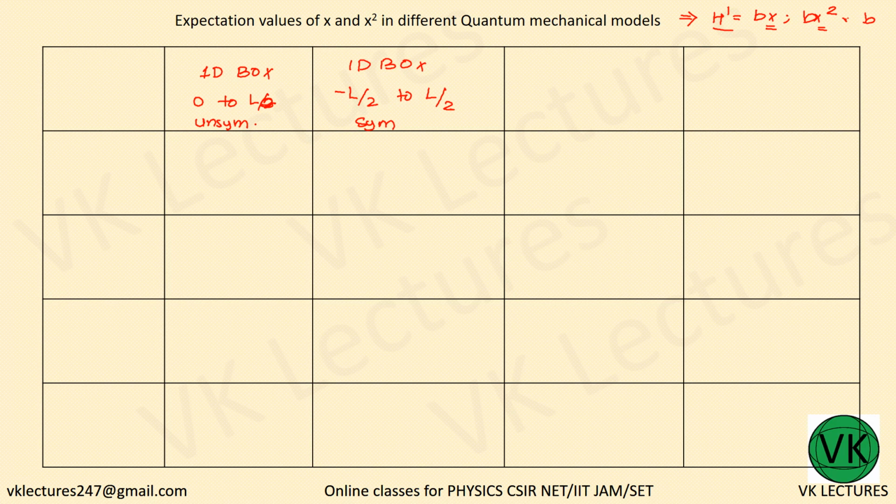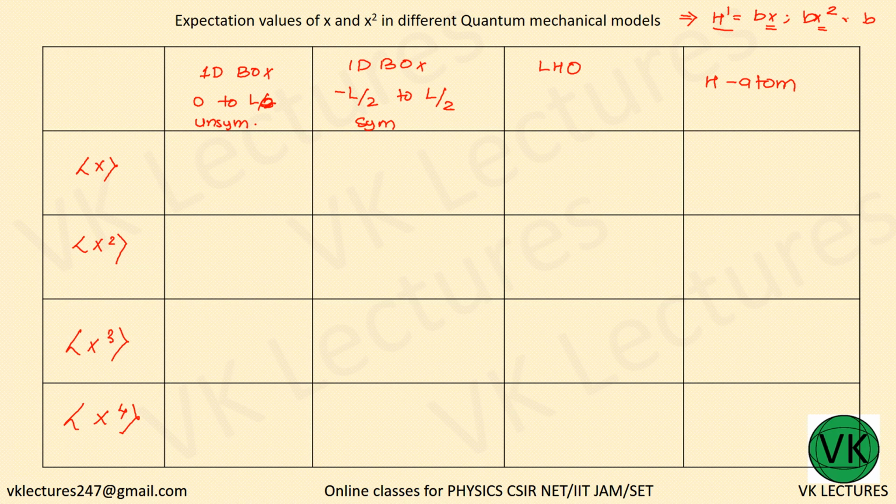Then we have the linear harmonic oscillator and the hydrogen atom. These are the basic models that we know. Now we need to find the expectation of x and the expectation of x square. These two we generally need. Sometimes x cube and x power 4 may be asked for some.